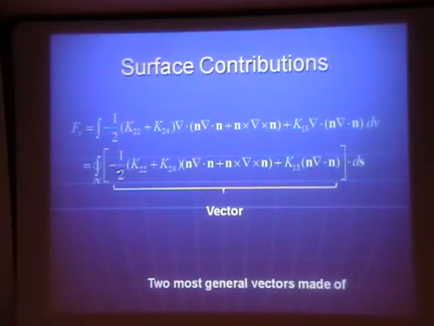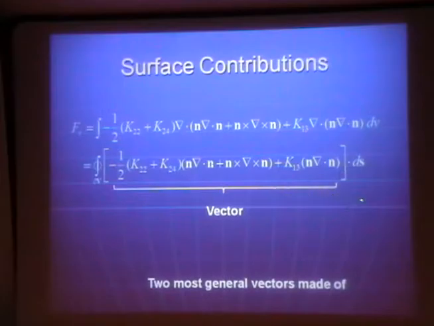The quantity inside this bracket is a vector which is quadratic in n. Even though this normally comes from the expansion of free energy in terms of the gradient of the vector, we can take a slightly different approach to explain what they are.